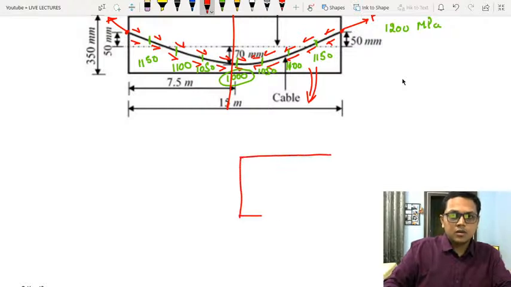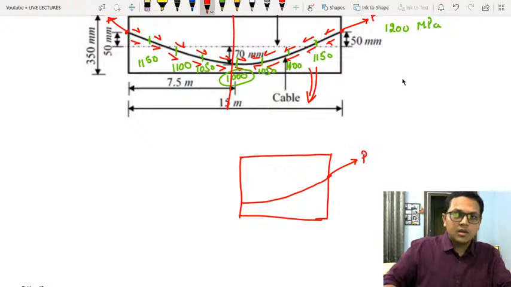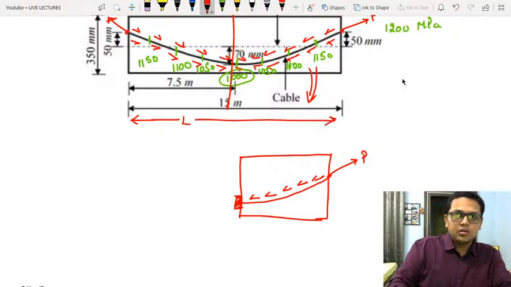So over here the tensioning is done, and this part we can assume is fixed, and the length upon which the resistance is offered, this whole length is L. So this will be how much?